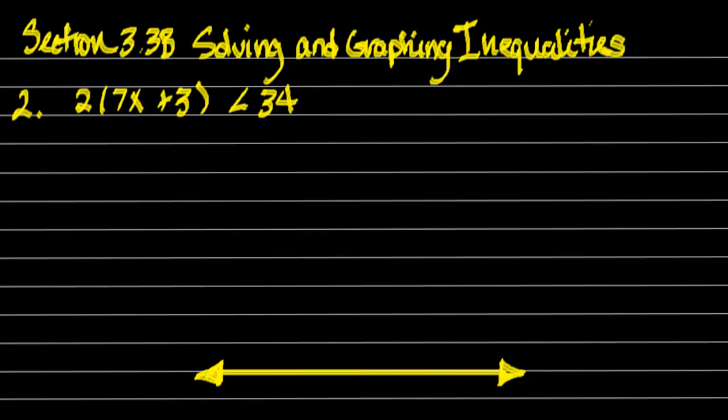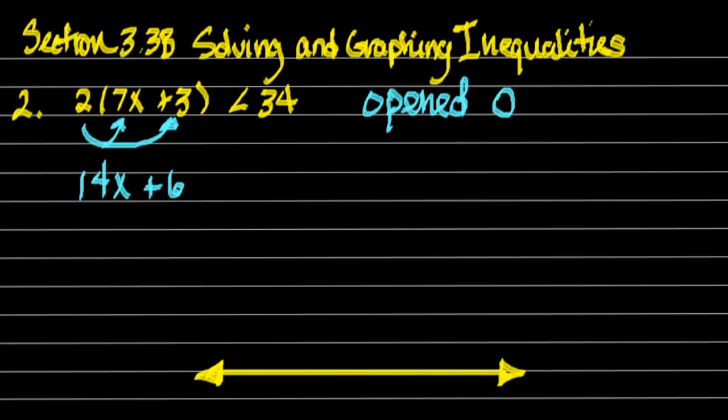This inequality is 2 times the quantity of 7x plus 3 is less than 34. So we can see that this is going to be open. That means we're going to have a circle and we're not going to color it in. Let's go ahead and distribute right here. So 2 times 7 is 14x. 2 times 3 is a positive 6, is less than 34.